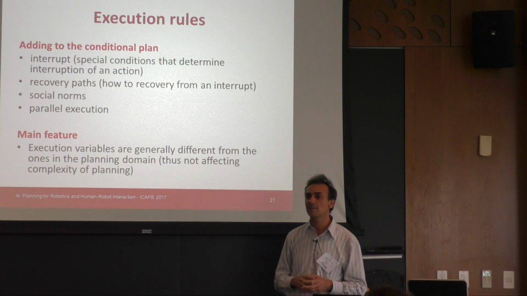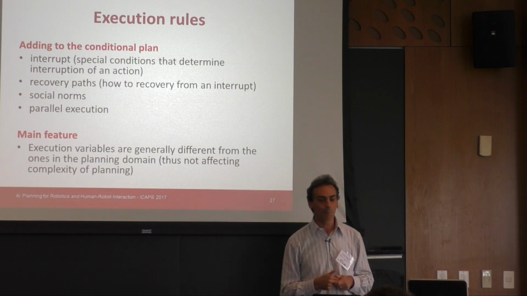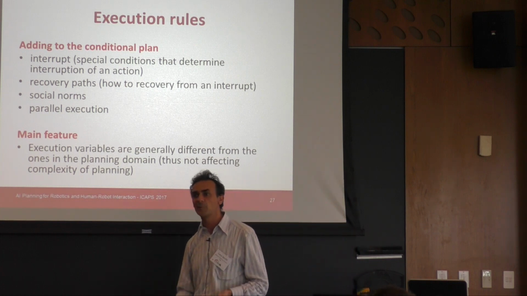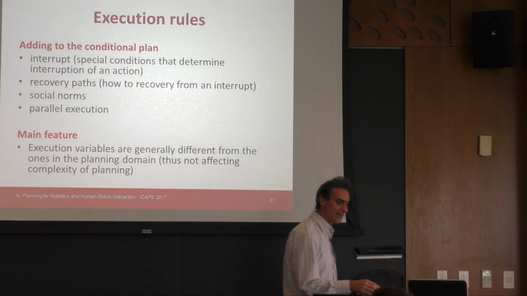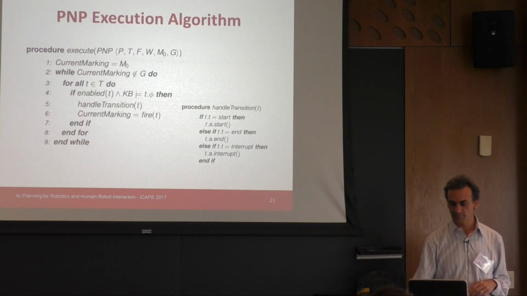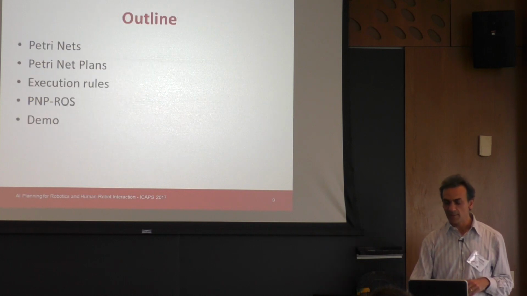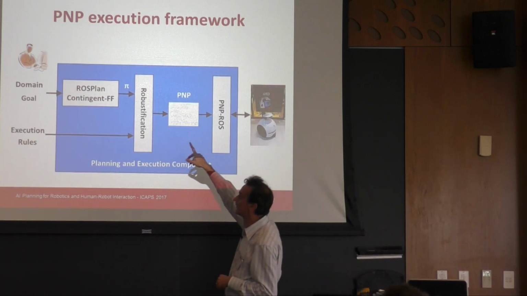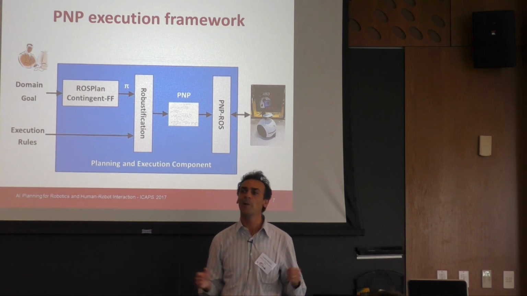So we add this level of execution rules, a way of formally defining the behavior of the controller when there is something unexpected. The main idea, if you go back to this slide, is that the plan generated by the planner is the optimistic plan that will work when everything goes well.